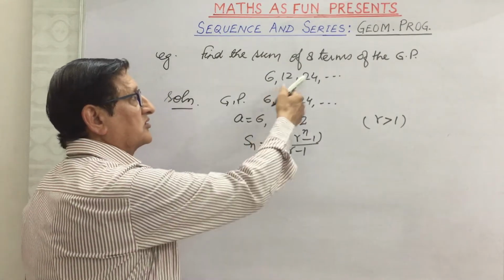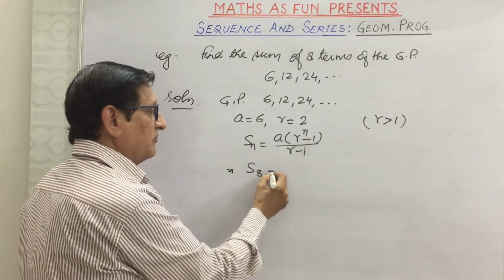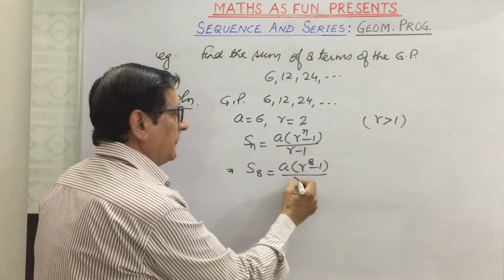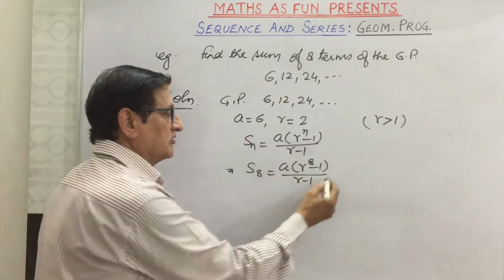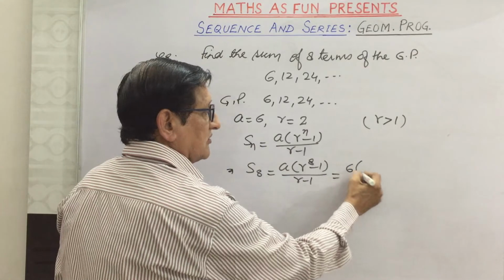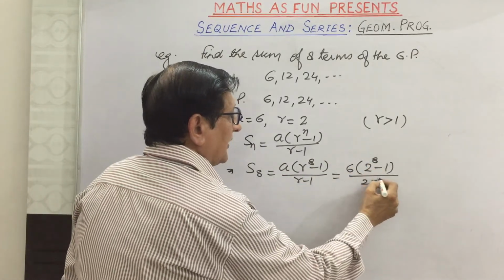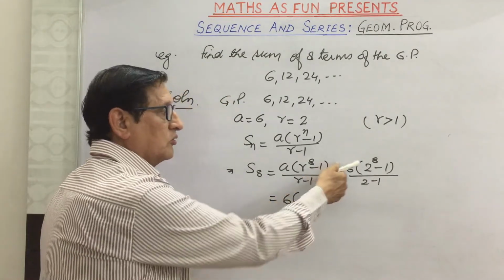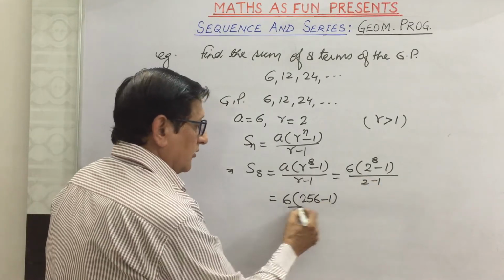We have to find out the sum of 8 terms, so we can write here S8 will be equal to A into R power 8 minus 1 upon R minus 1. Then we substitute the values here. A is 6, R is 2 upon 2 minus 1. So we are getting here 6 into 2 to the power 8 is 256 minus 1 upon 1.